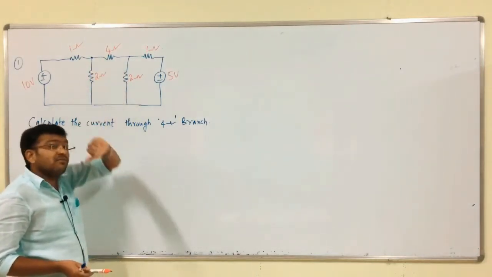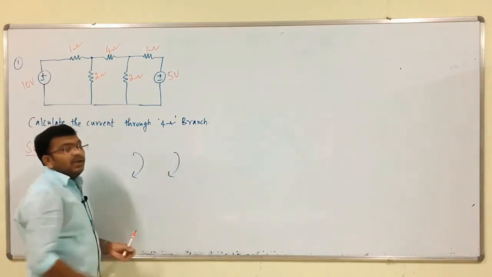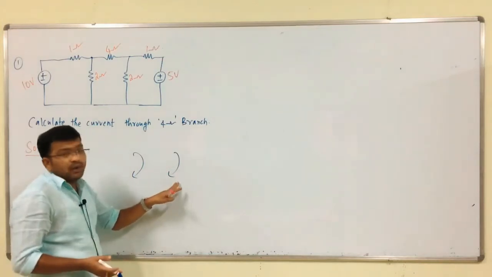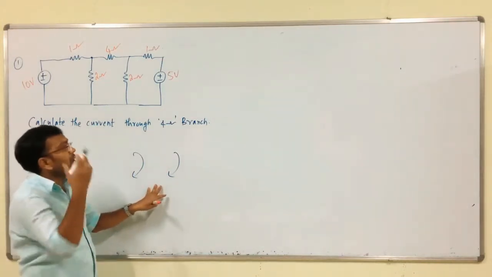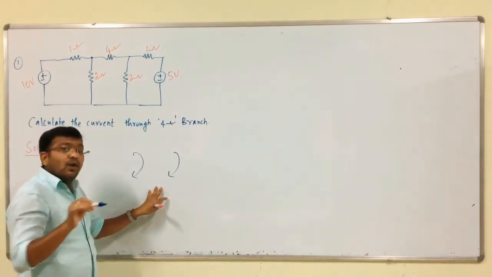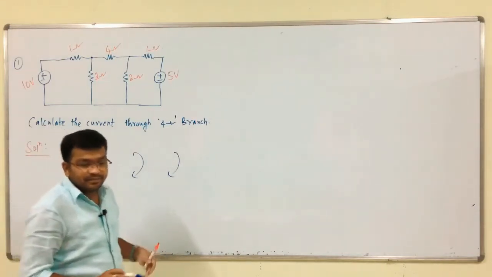In mesh analysis, we assume a clockwise direction for the different loop currents. If the examiner does not provide any loop current direction, we assume our own direction. The same pattern applies in this case, but here we assume our own current direction at that particular node.